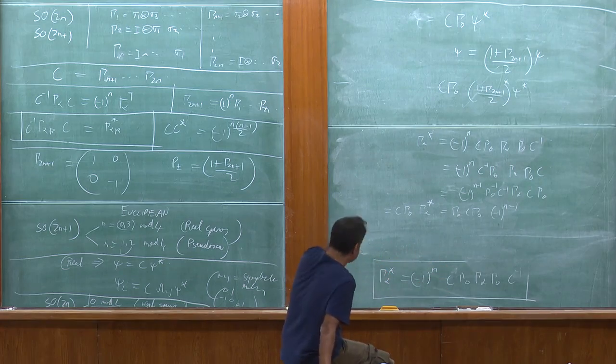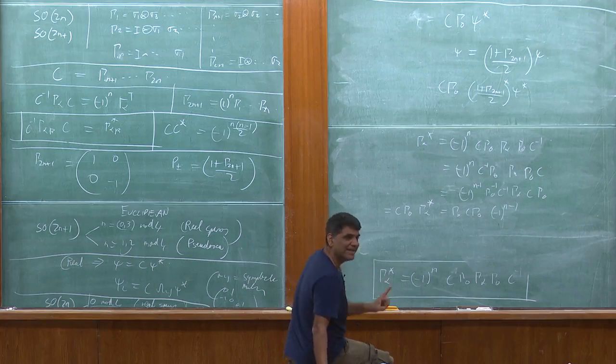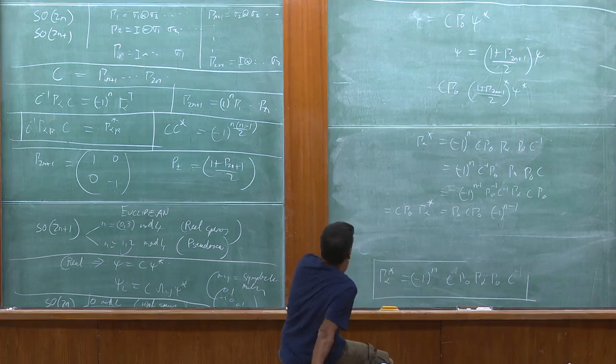I'm sorry. But this problem should have occurred also with SO2n. But we got a sign. How did that work? There was no gamma 0, but that doesn't seem relevant here.